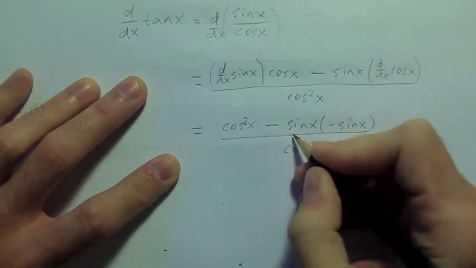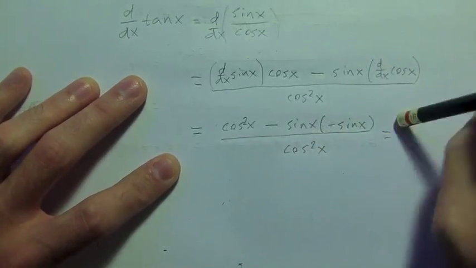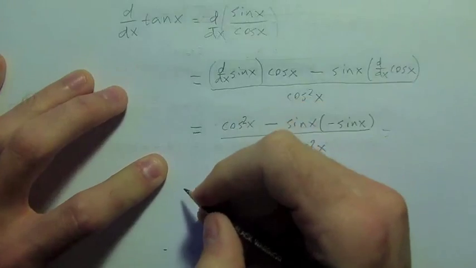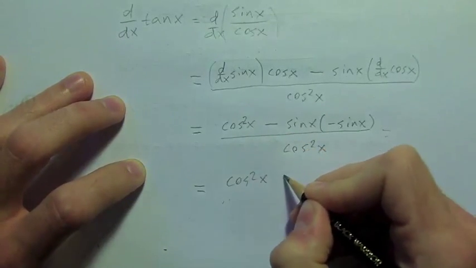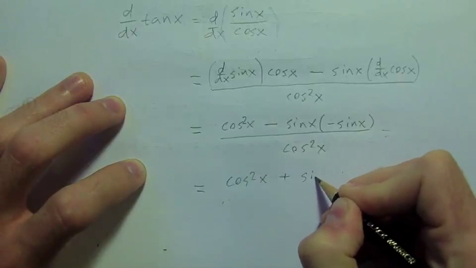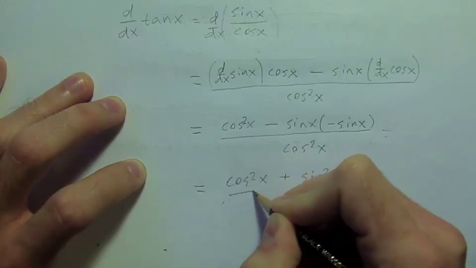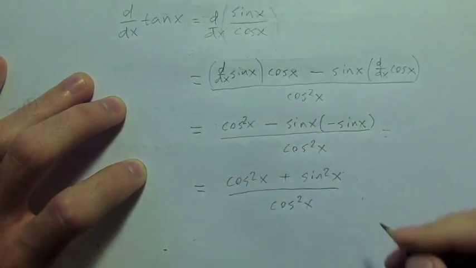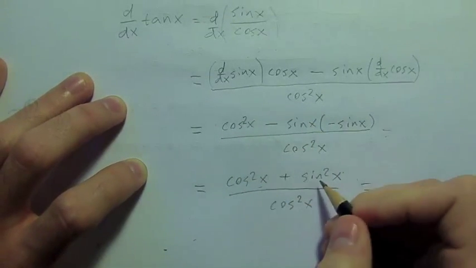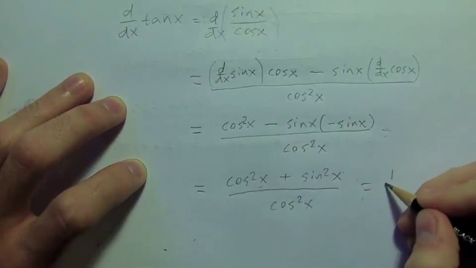And so negative sine times negative sine, that's going to give us, do it down here, cosine squared x plus sine squared x over cosine squared x. And cosine squared x plus sine squared x is 1.